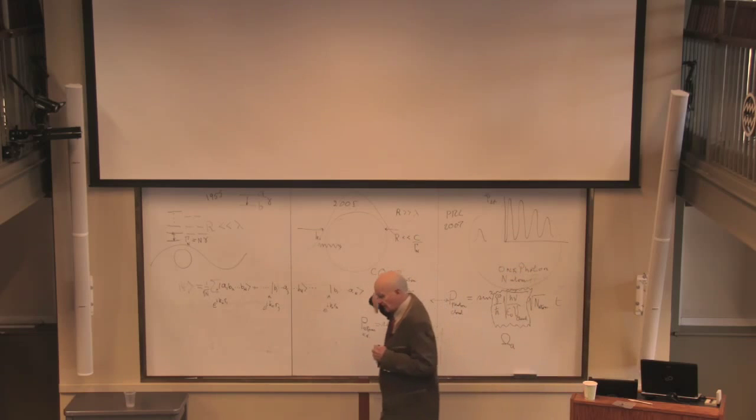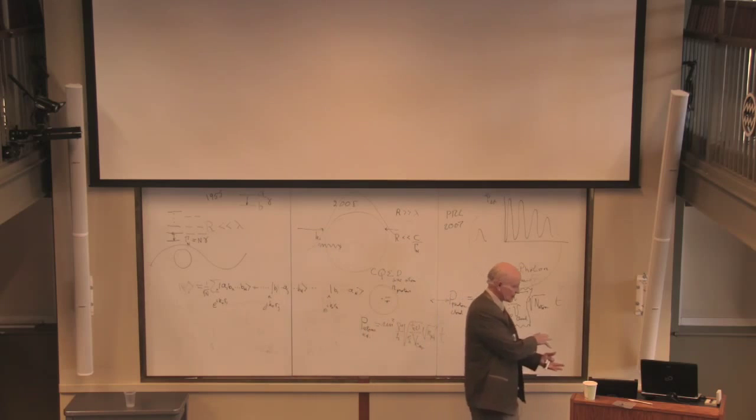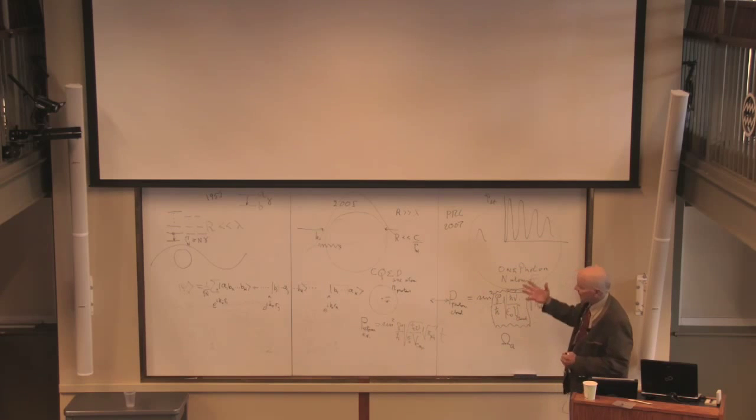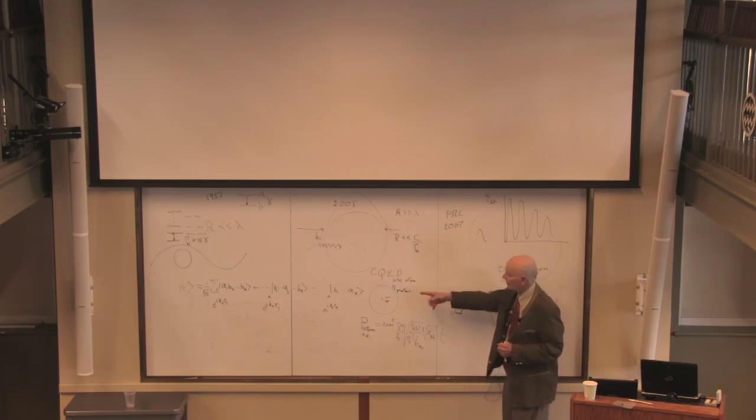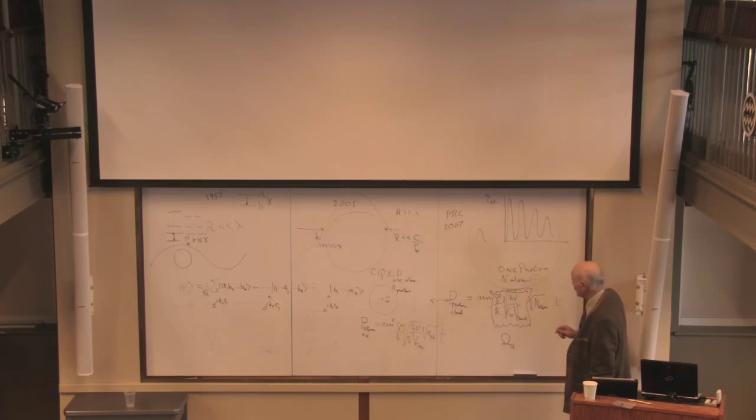But it's always been in the back of my mind that there should be some way to see superradiant effects on the one hand and single atom coherence effects on the other. And that is, of course, a story that we'll just allude to. But this is the motivation. And now let me say the punchline.